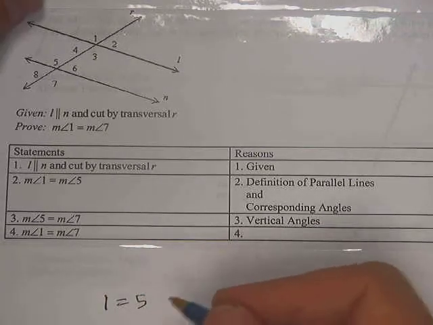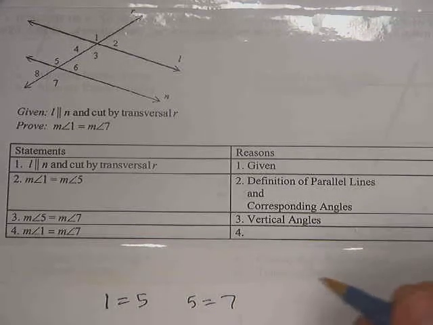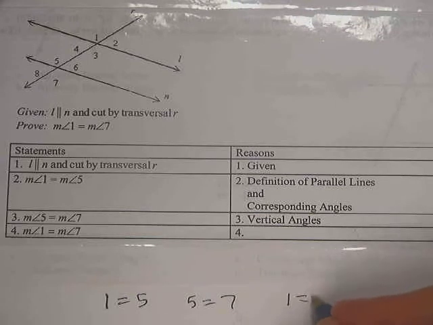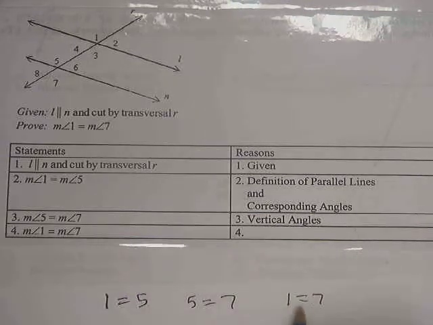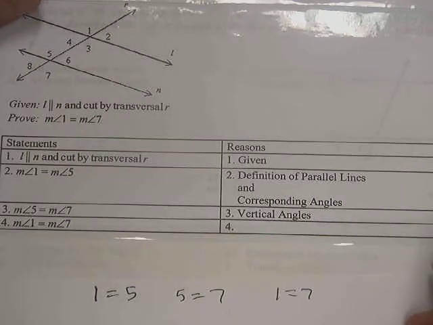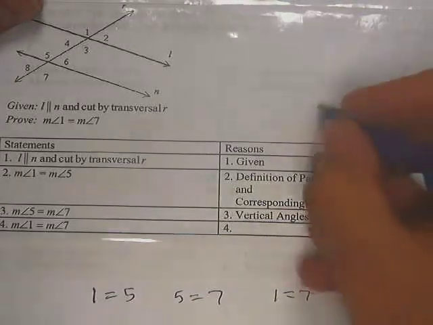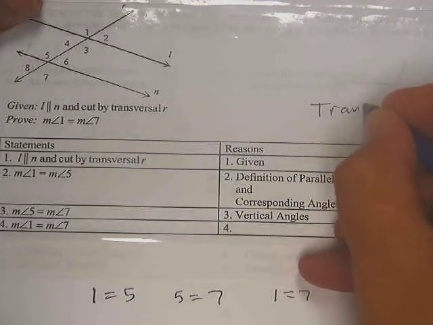Now, it tells us, last but not least, measure of angle 1 equals the measure of angle 7. I need a reason for that. All right? Well, we know 1 equals 5. We also know 5 equals 7. So it says, therefore, 1 equals 7. What property was that again?